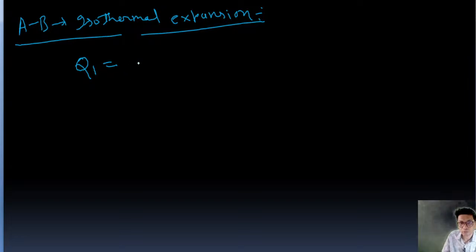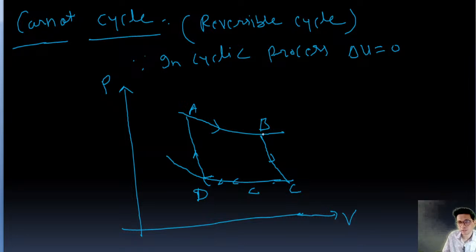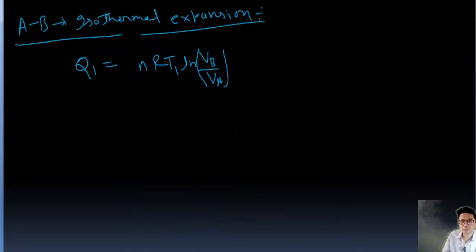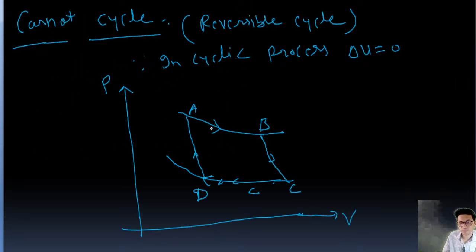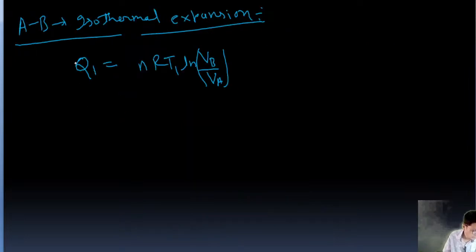Q1 is going to be nRT1 ln VB upon VA. We know the formula for isothermal, nRT ln V2 upon V1, so going from A to B, it is VB upon VA, right?